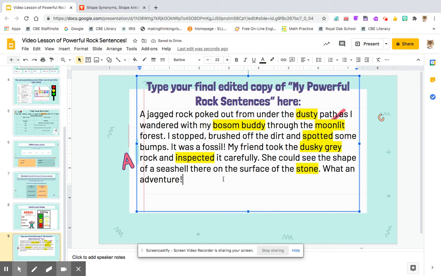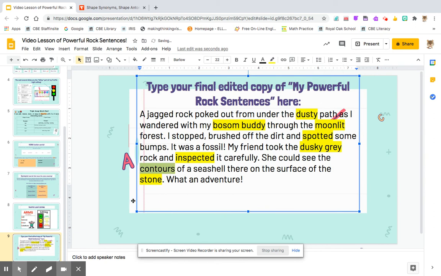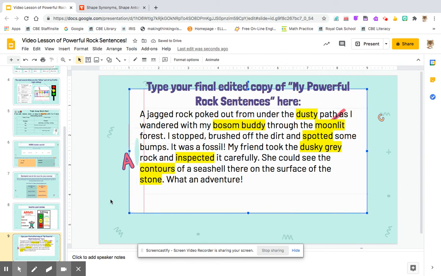And I'm going to replace shape. She could see the shape of a seashell. So instead of shape, she could see the contours, and I'll highlight that, of a seashell.